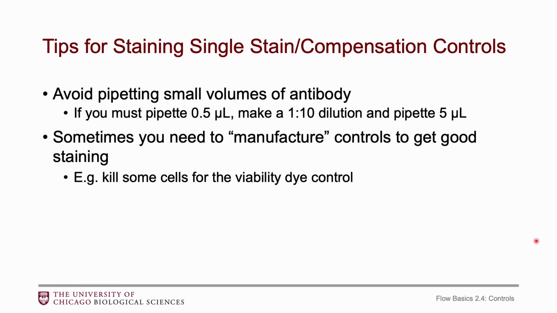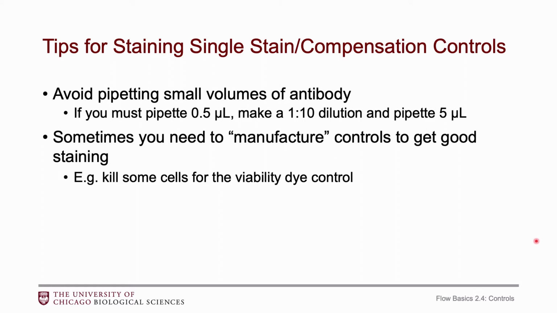Also keep in mind that you might need to manufacture your controls in order to get good staining. I will, in a few slides, talk about all of the rules that you need to follow for your controls. So in order to follow those rules, you might need to manufacture your controls. Maybe you need to stimulate your cells. Not everyone necessarily manufactures every single control, but the one that I would recommend most people create is the control for your viability dye.